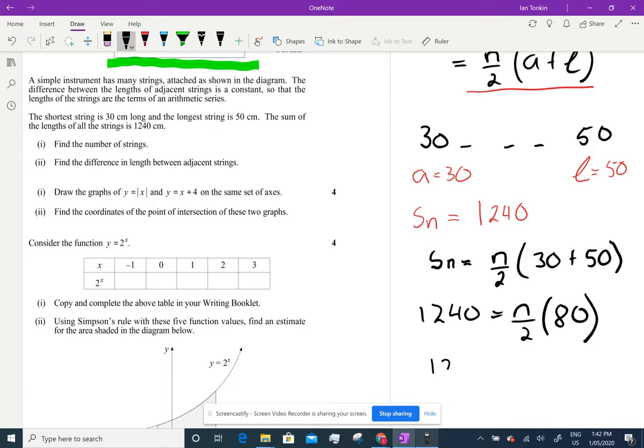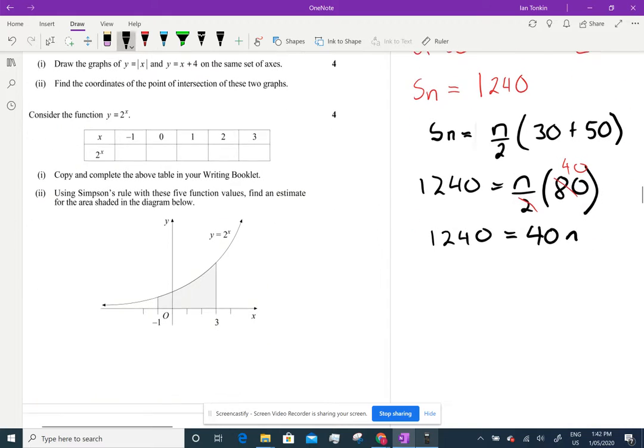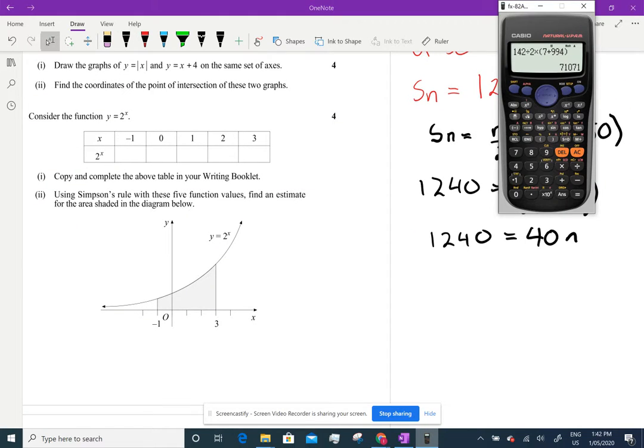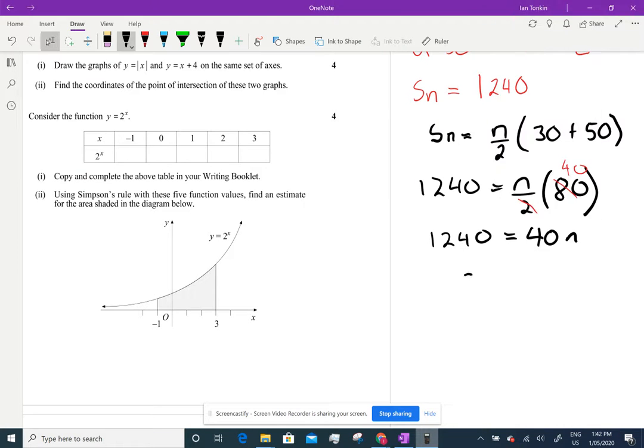Now, 1240 equals, 2 goes into 80 40 times, so 40n. Divided by 40, 1240 divided by 40, 31 equals n. That means there are 31 strings.